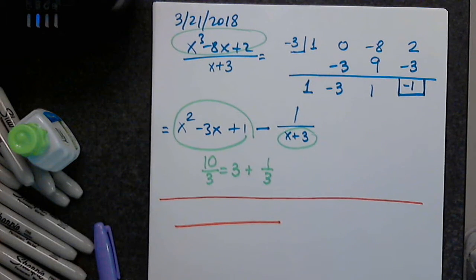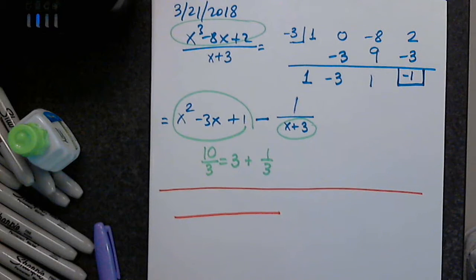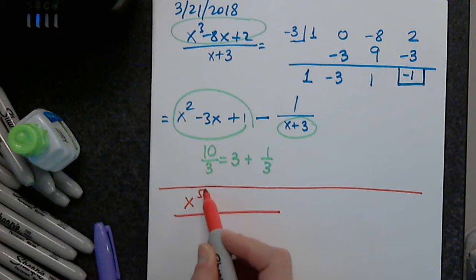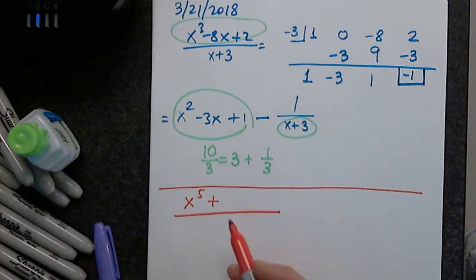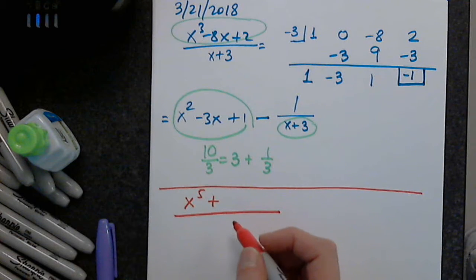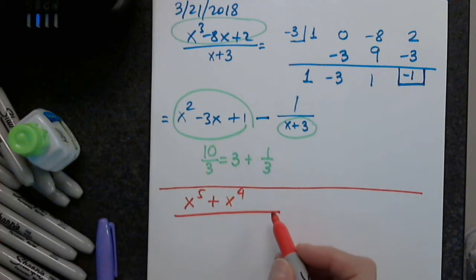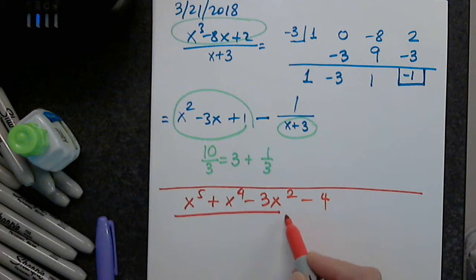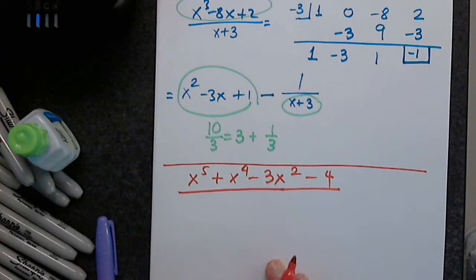Anything. x to the 5th plus x to the 4th minus 3x squared minus 4, over x squared plus 1. Okay, very good.